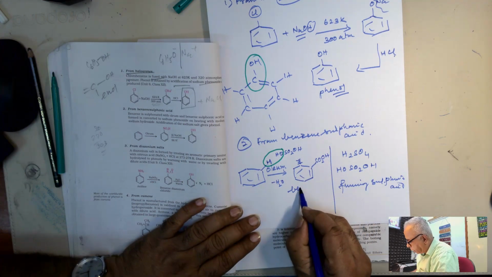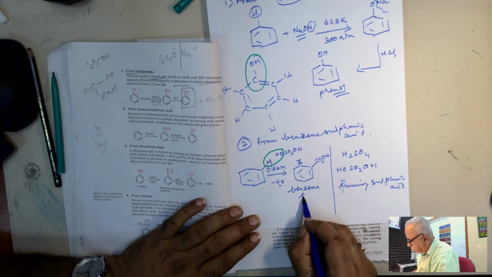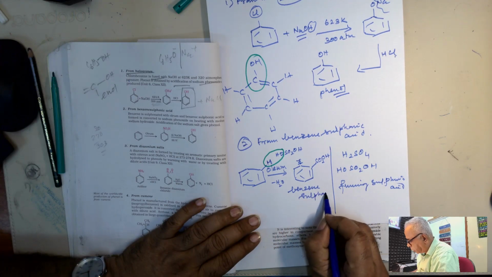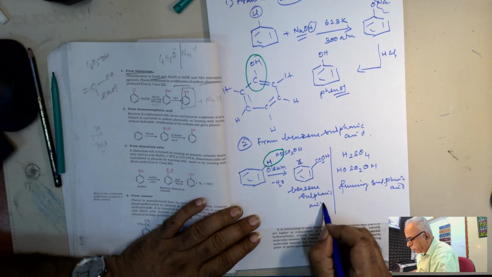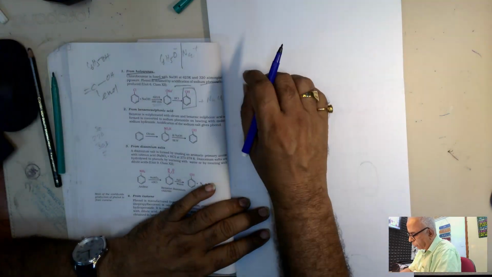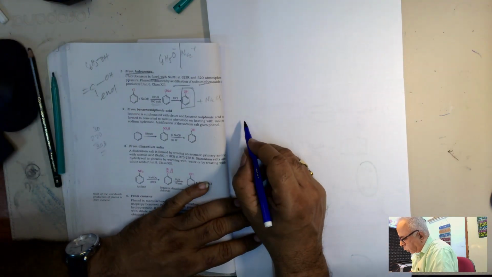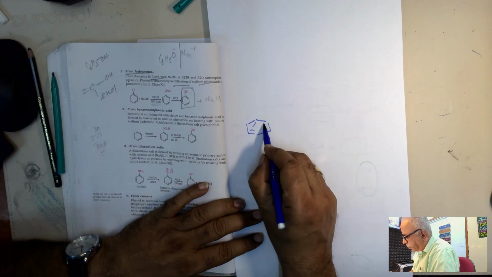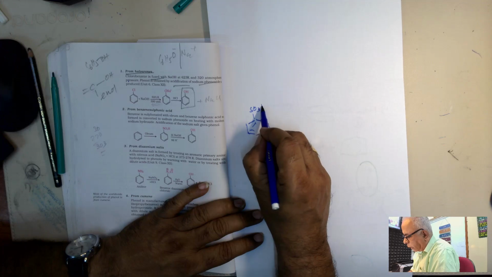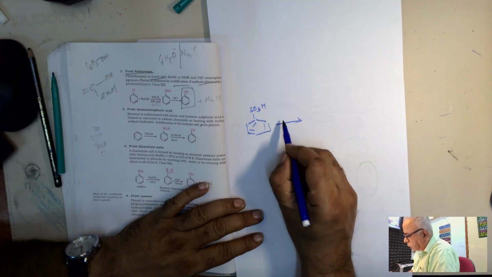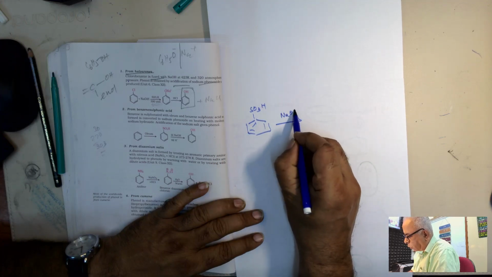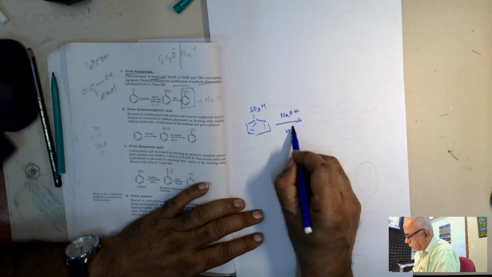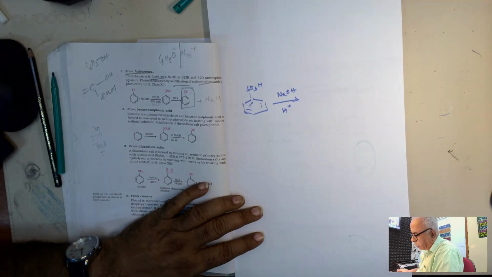That is called benzene sulfonic acid. Got it? And this benzene sulfonic acid is further treated with sodium hydroxide followed by H plus, that is acidification.